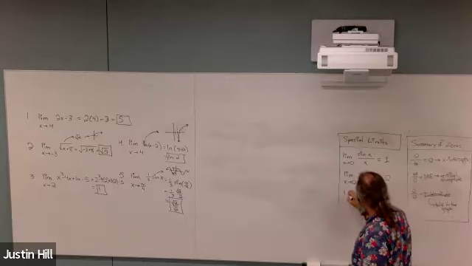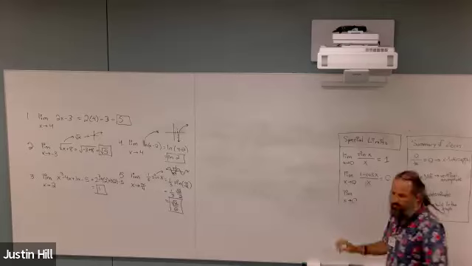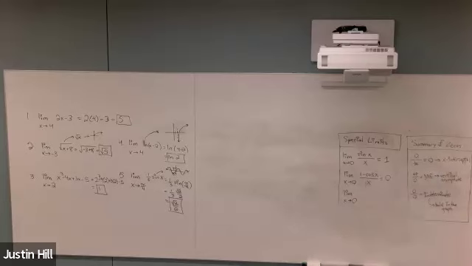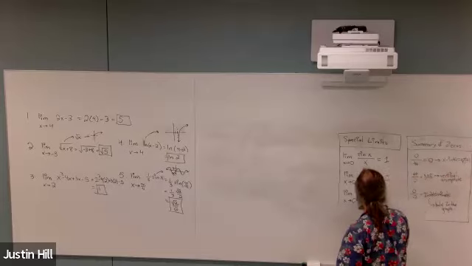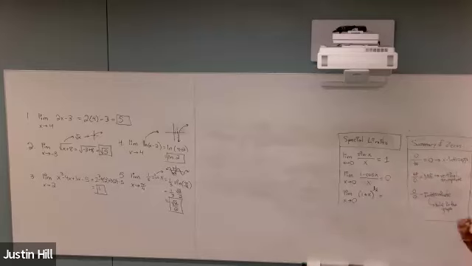And then the final one, the limit as x approaches 0 of 1 plus x to the 1 over x power. So this is a more interesting one than maybe the other two.